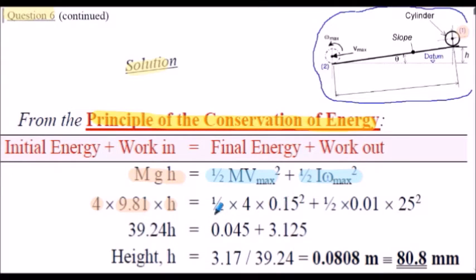So inserting the values: half multiplied by the mass of the wheel and axle, 4 kilograms, multiplied by the maximum velocity, which occurs at the bottom of the incline, so that's 0.15 squared, added to half multiplied by the moment of inertia, which is 0.01 kilogram meter squared, multiplied by the maximum angular velocity at the bottom of the incline, 25 radians per second, and again that's squared. Evaluating, the height h of the incline is 80.8 millimeters.